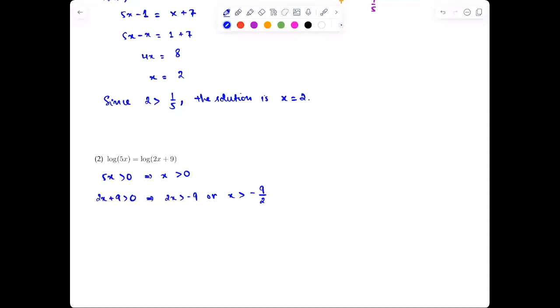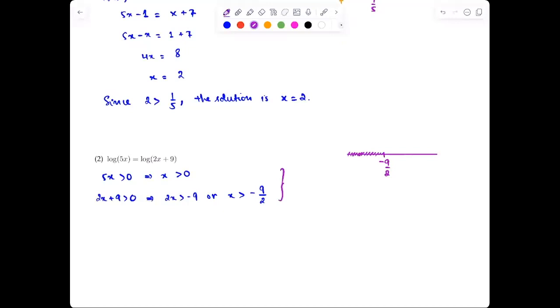And then you have to combine these two domains together, or find the intersection between the two domains, so that you come up with the domain that satisfies both functions. Okay. So you have x greater than 0 and x greater than -9/2. So this is -9/2. You want x greater than that, so you get rid of the left part of -9/2.